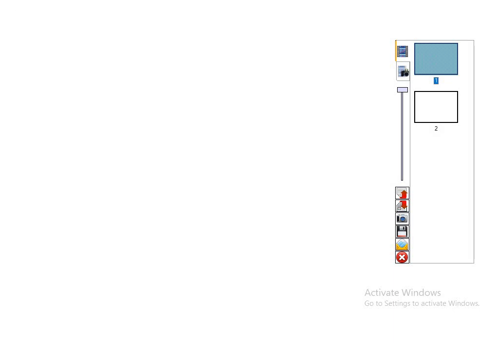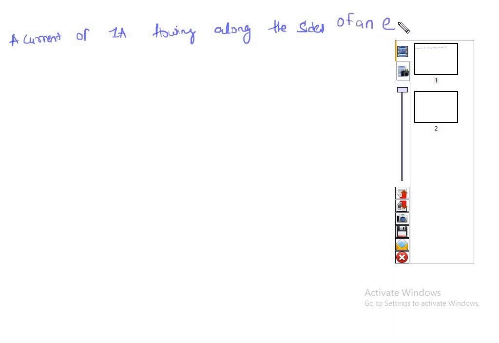The next question is, a current of 1 ampere is flowing along the sides of an equilateral triangle of side 4.5 into 10 to the power of minus 2 meter.